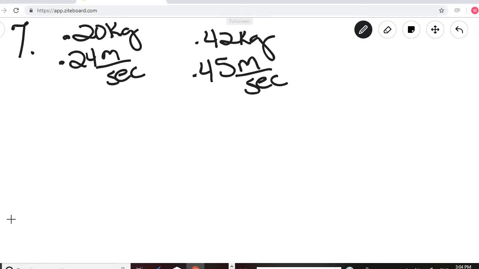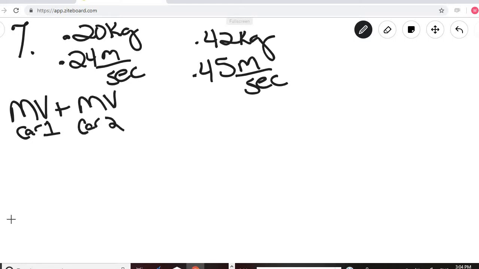Okay, so we're going to have the before and after: the mass times the velocity of car 1 plus the mass times velocity of car 2 will equal the combined mass, so mass 1 plus mass 2, the mass of both, times the velocity of both.